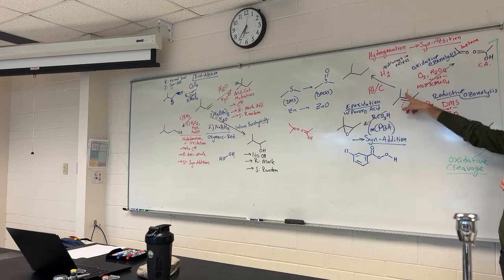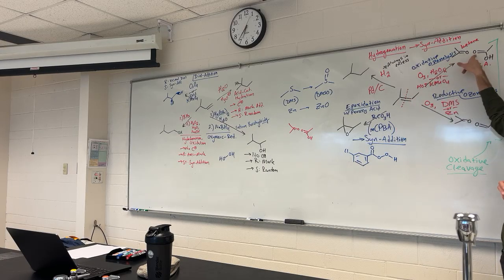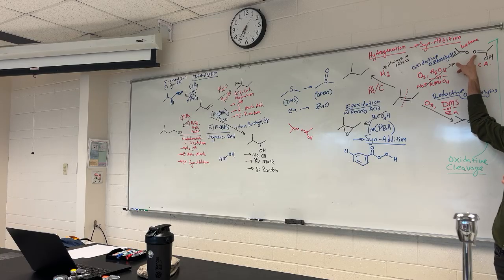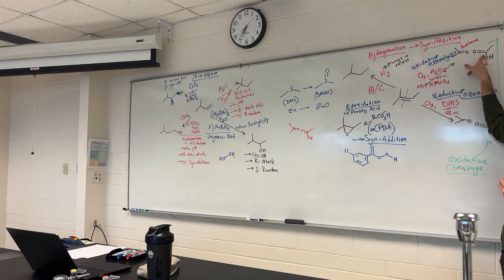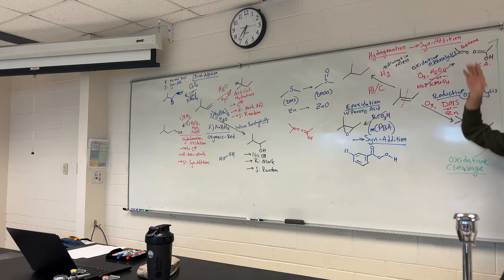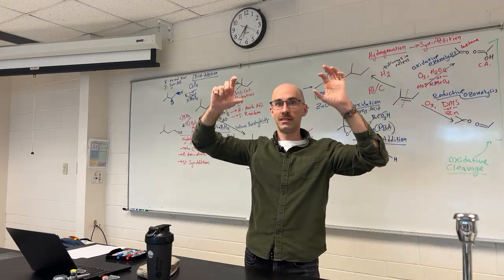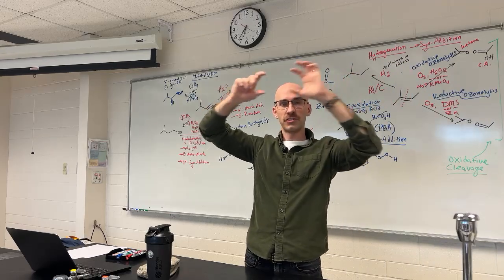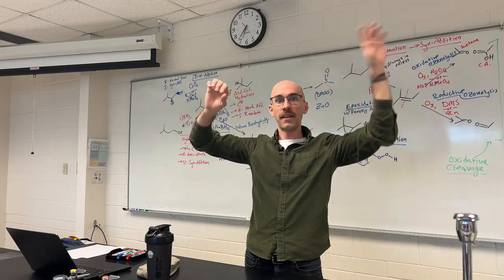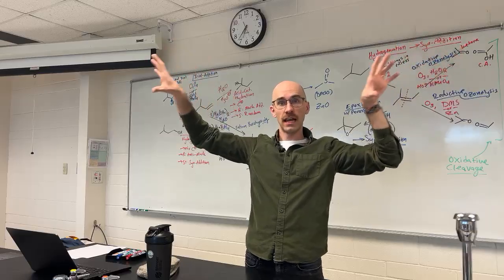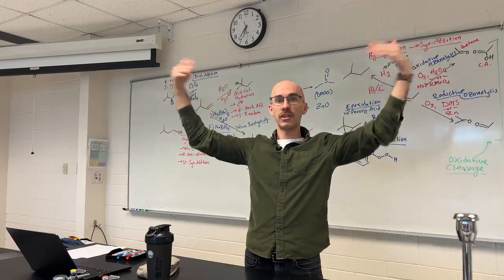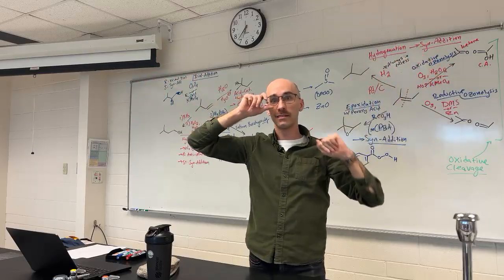Well, no, because the bond gets cleaved and becomes a carbonyl, and the hydrogen gets oxidized to OH. This is a carboxylic acid. So when doing the cleavage, form the carbonyl where the alkene bond used to be. And then look at if there are hydrogens attached, and oxidize the carbon to a carboxylic acid.